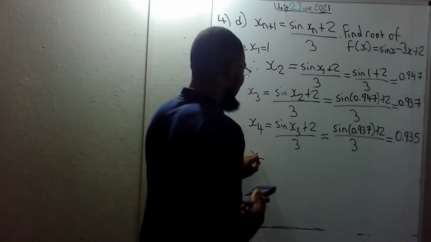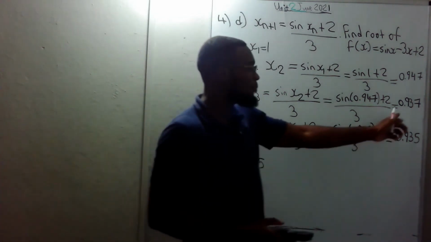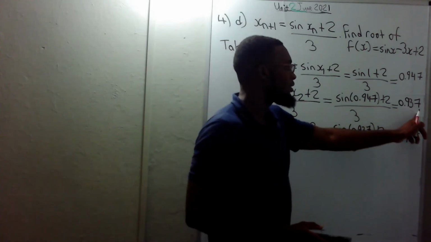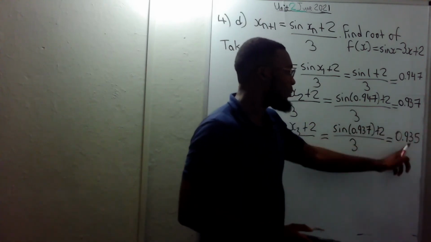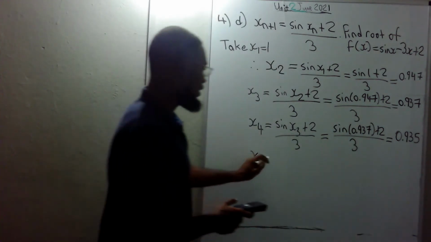And so x5, now you're probably wondering, when am I going to stop? I'm going to stop when I see that I get back the same thing. I want the same 3 decimal places. That's when I'm going to stop.